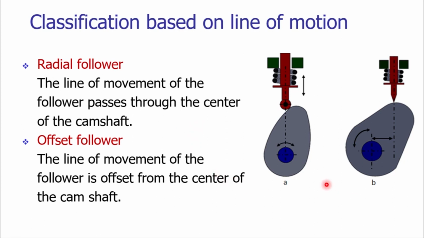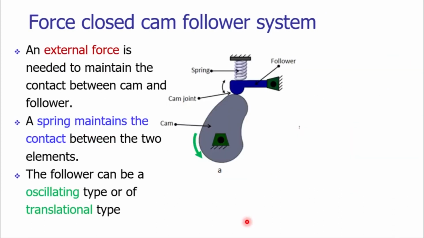If the line of motion is offset from the center of the camshaft, then we have the offset follower mechanism. To have efficient operation of the cam follower, we need to ensure continuous or uninterrupted contact of the follower with the cam. For that purpose, we use an external force which will maintain the contact of the follower with the cam.